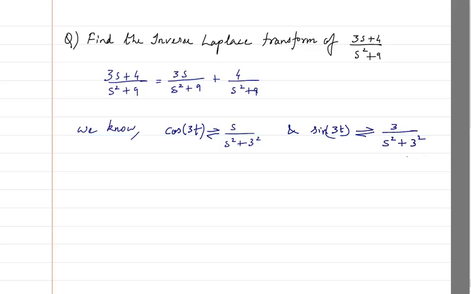Okay, so now I can map this one to this, there is no problem, and even this one to this I can map, but there is a small problem that in the numerator here it is 4, but here it is 3. How do we solve that? So let me do that.